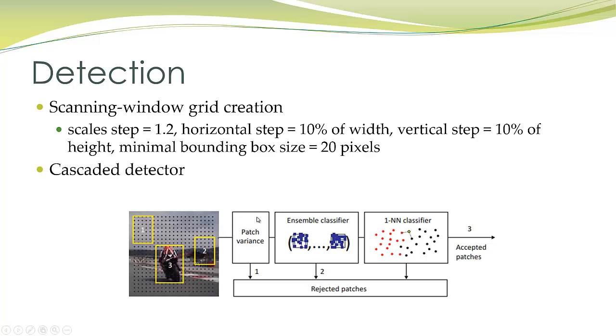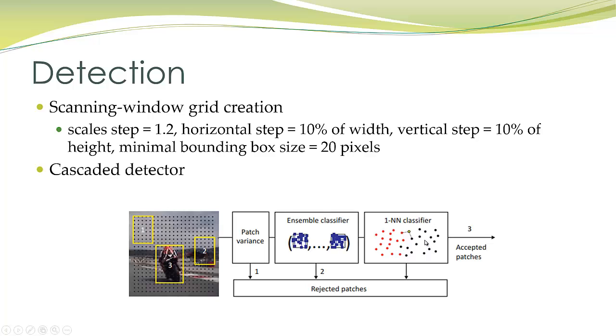At this stage, you have to reject certain patches and pass the remaining patches to the second stage, which is the ensemble classifier. It does further classification and rejects a bunch of the patches again, and the remaining ones continue to the third stage, which is the one nearest neighbor classifier.